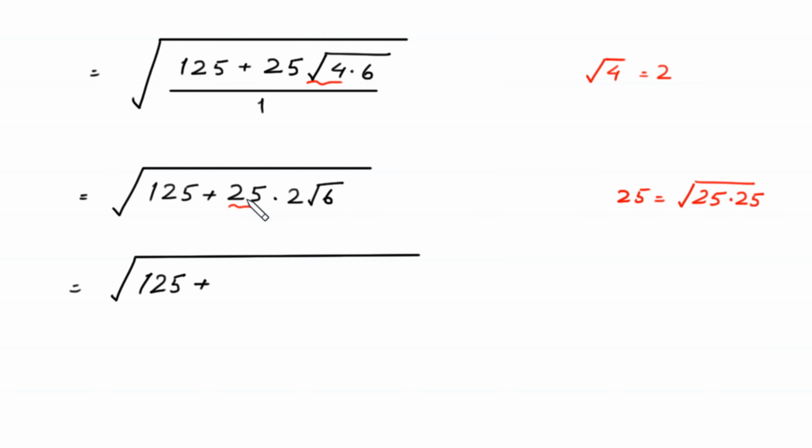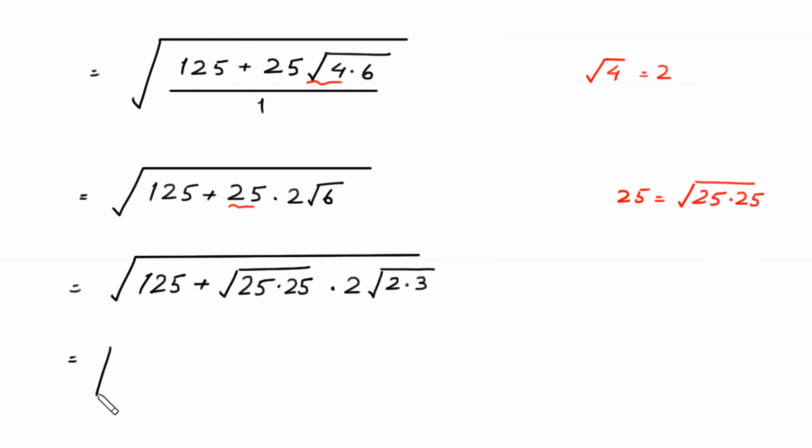We replace this 25 with square root of 25 times 25 times 2 times square root of, we factorize this 6 as 2 times 3.